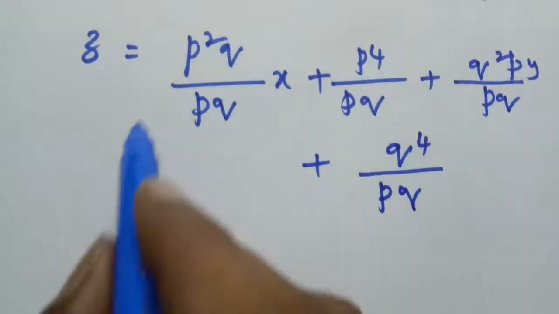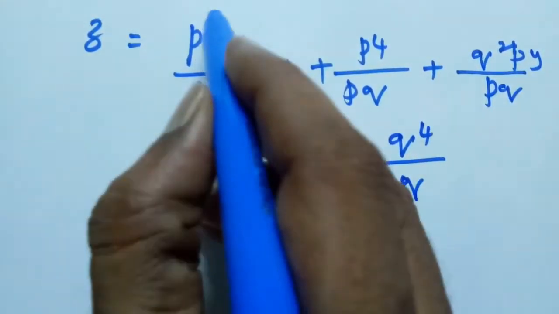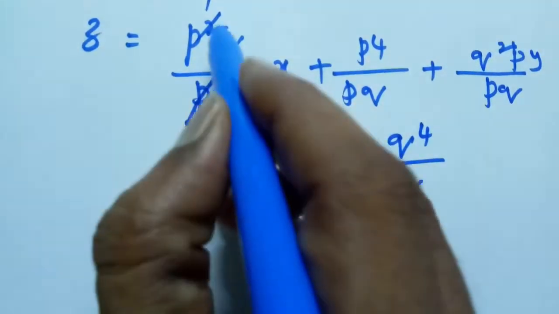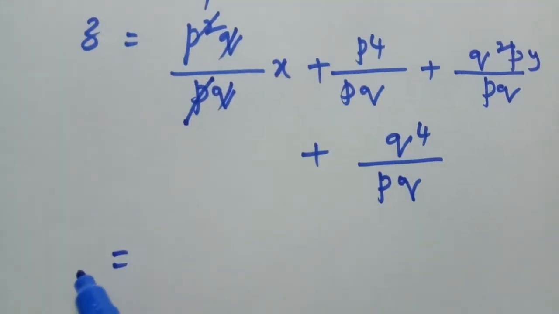Therefore, this can be written as p power 1 remaining, q and q get cancelled.